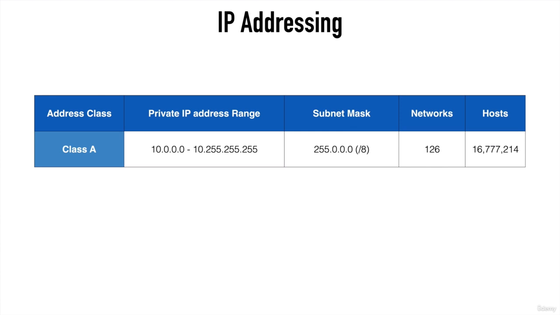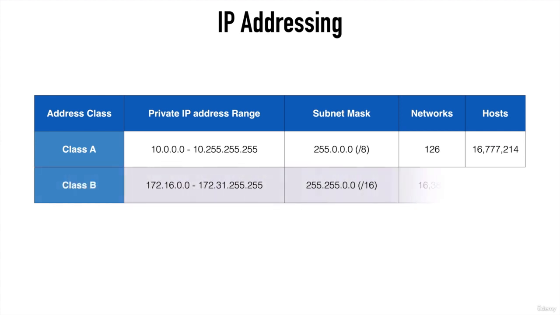This gives us the possibility of creating 126 different networks, with each of those networks being able to support over 16.5 million different IP addresses. A very large business might use this range if they have lots of endpoints. This is a small amount of individual networks compared to our other classes, but a huge amount of hosts.